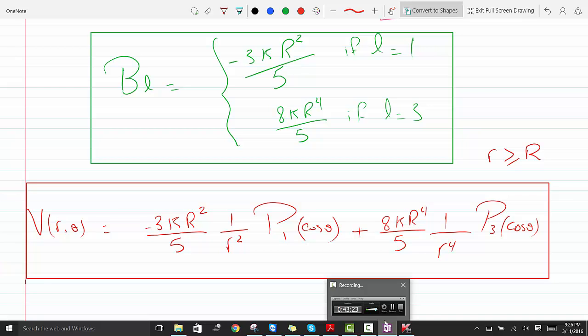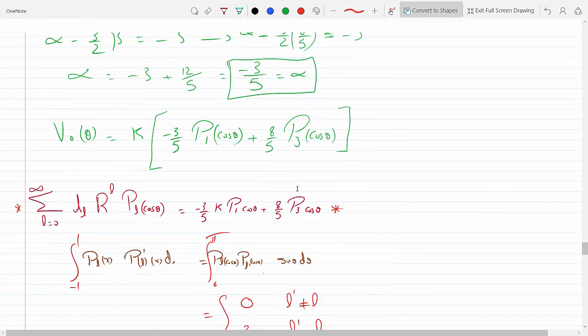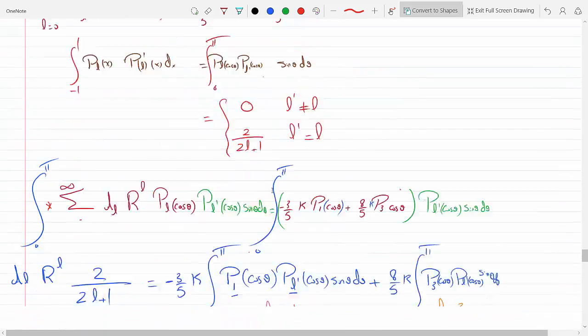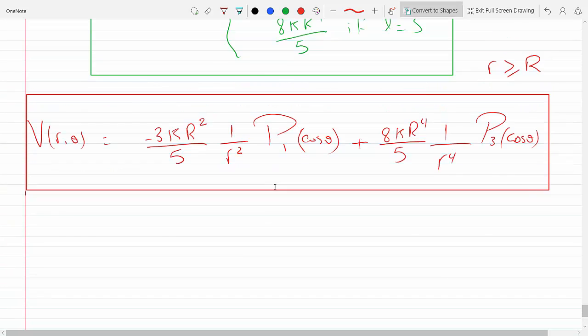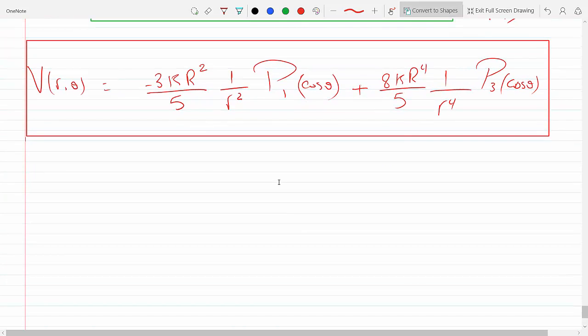Okay, if you don't have any questions on this, the last part is to find the charge density on the sphere. There is no charge outside. So how do we find sigma?